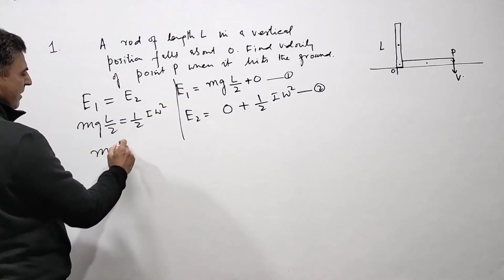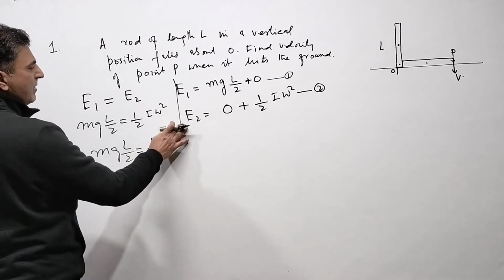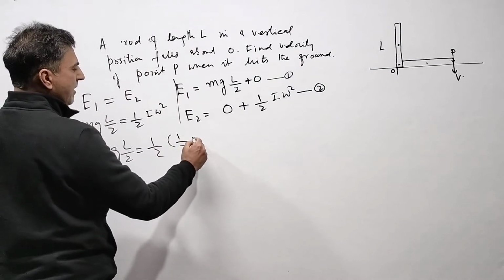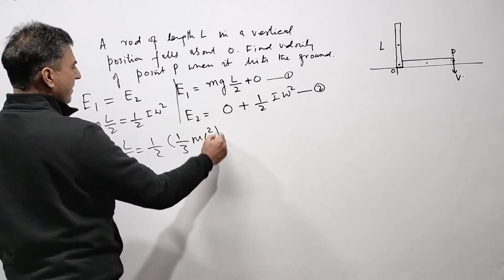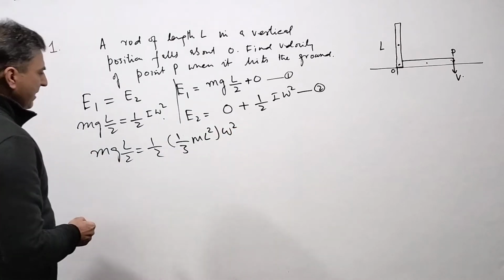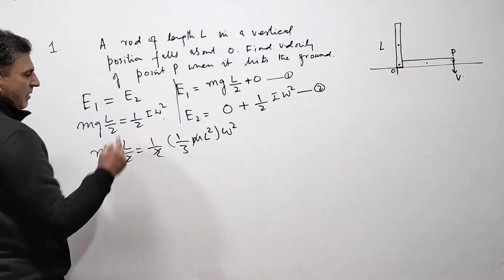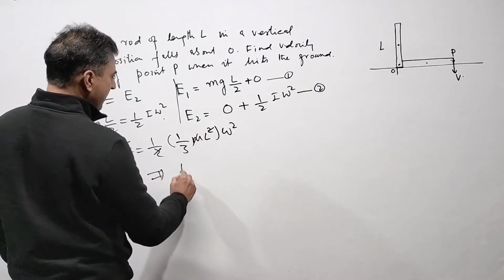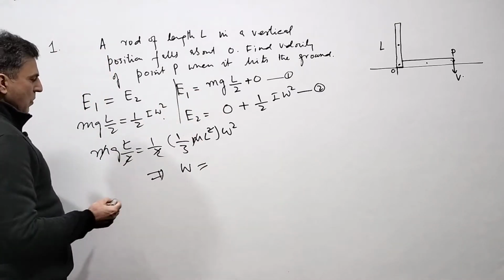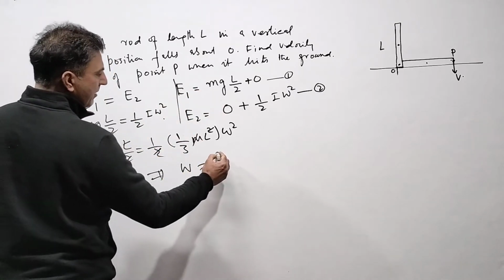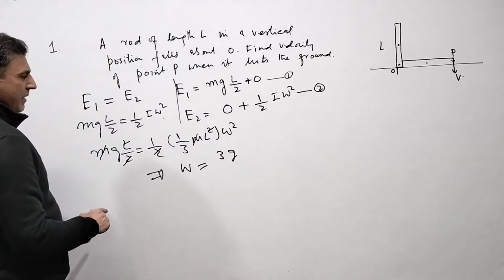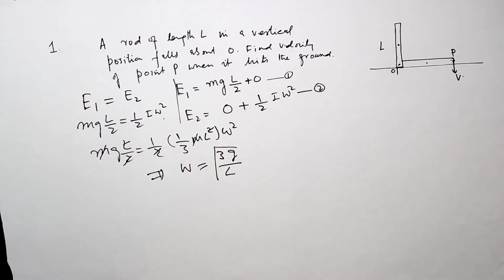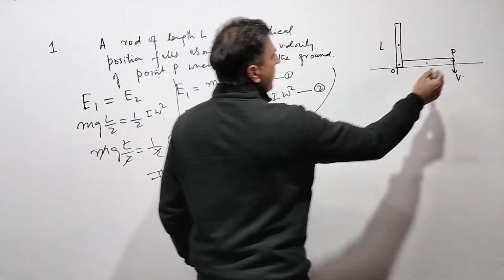That is, mg L by 2 is equal to 1 by 2 times the moment of inertia of this rod about this point, that is 1 by 3 m L square into omega square. So here 2 and 2 cancel, m cancels, and one L cancels with L square, so we will get omega, the angular velocity about point O, that will be root of 3g by L. This is the angular velocity of this rod when it hits the ground.